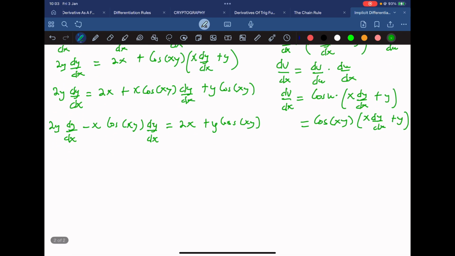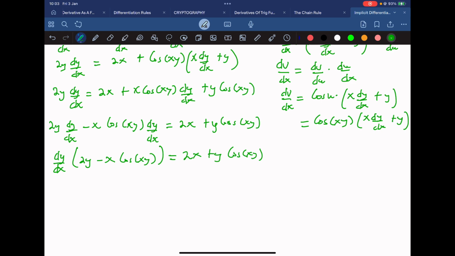So we can factorize our dy/dx out. In this case, we have 2y minus x cosine of xy, and the right hand side is 2x plus y cosine of xy.